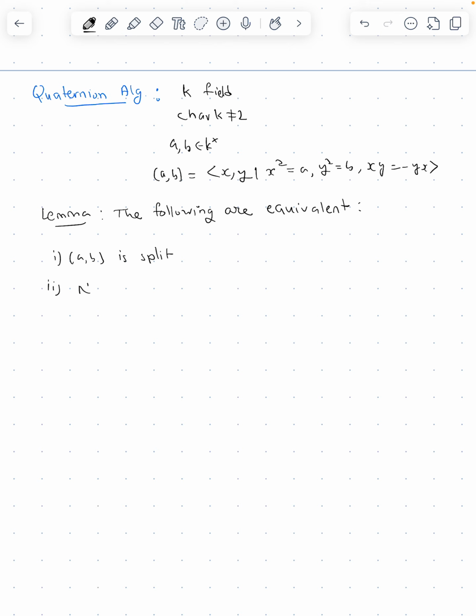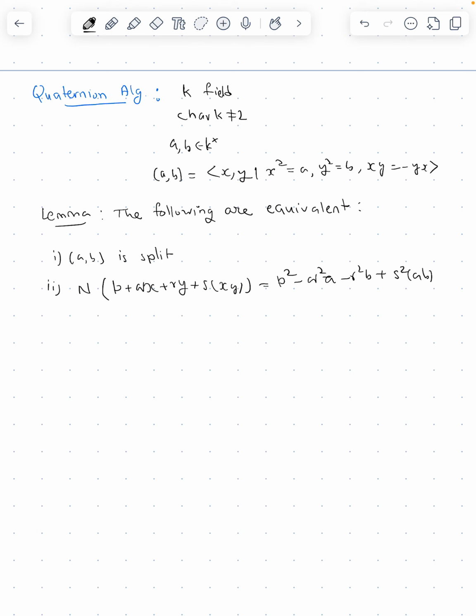Any typical element, because it is generated by x and y, will look like something like this, and you define the norm as p square minus a q square minus b r square plus ab s square.